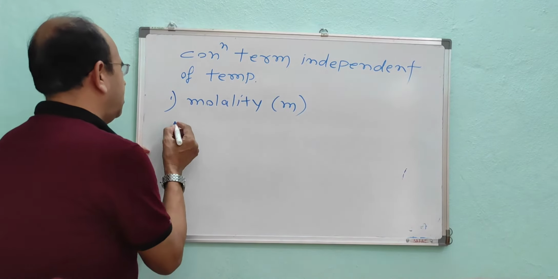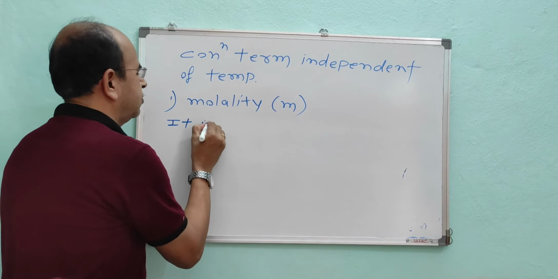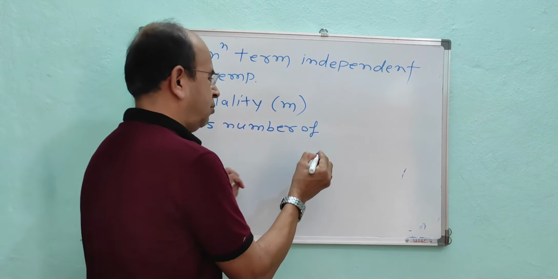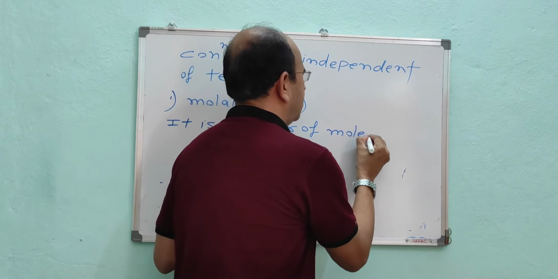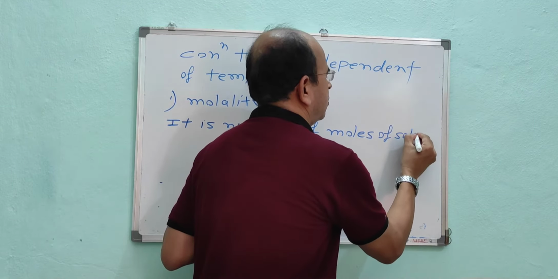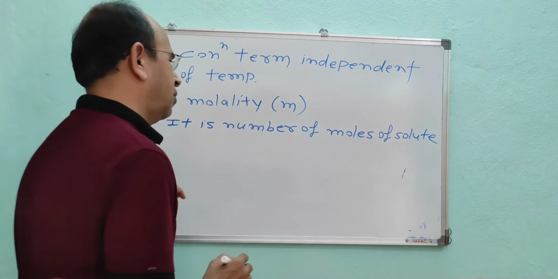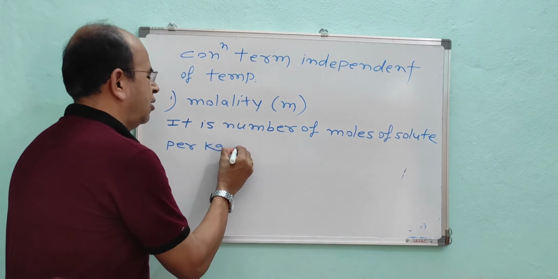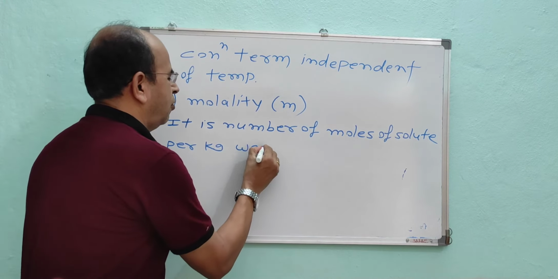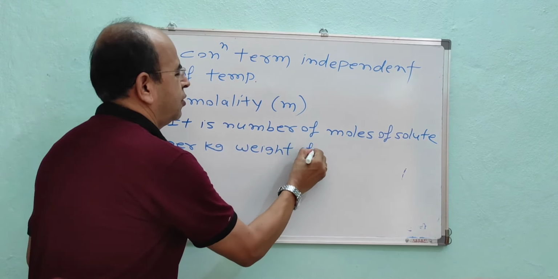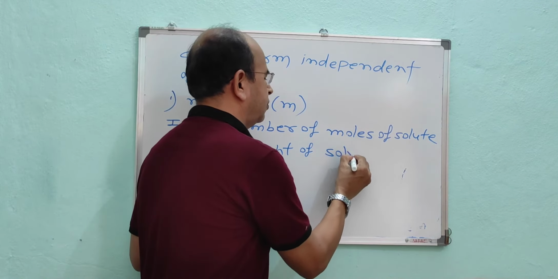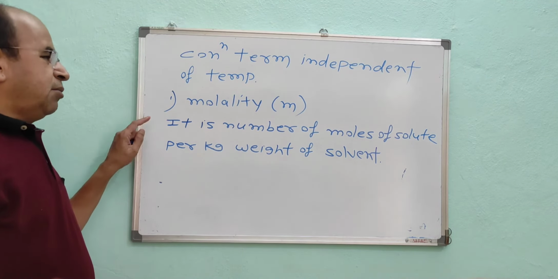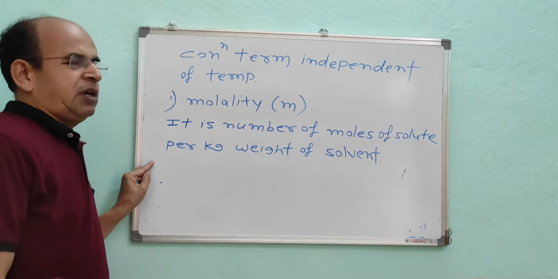Molality is the number of moles of solute per kg weight of solvent.